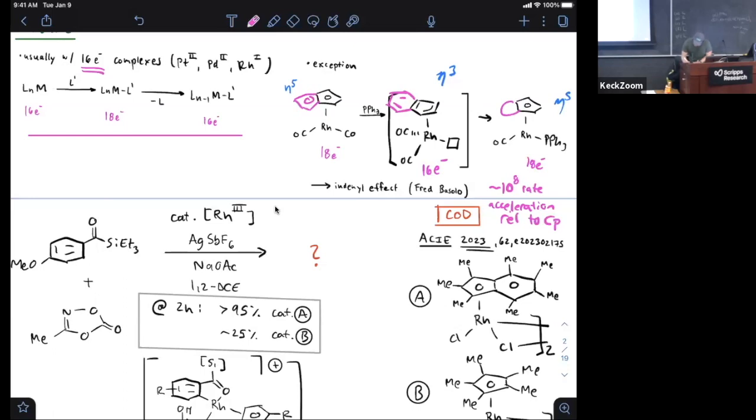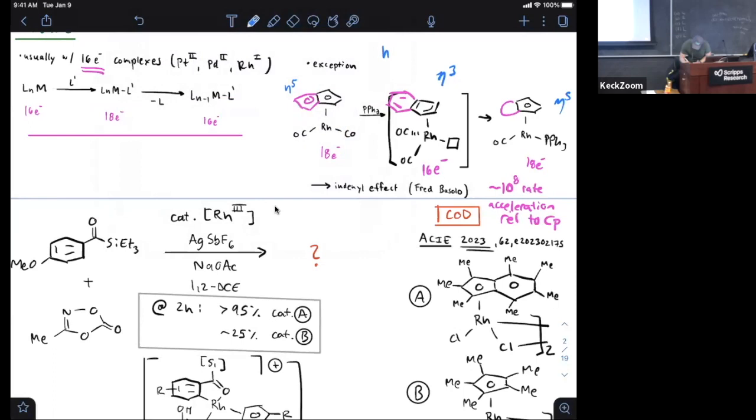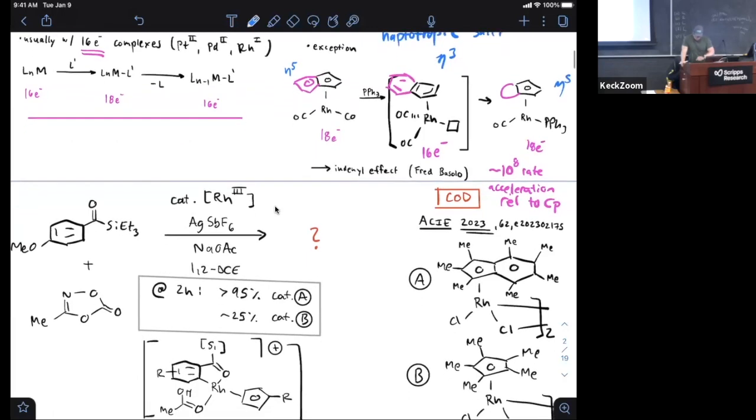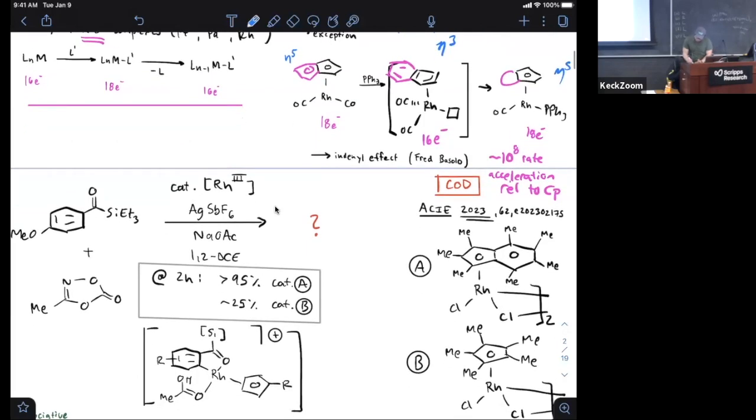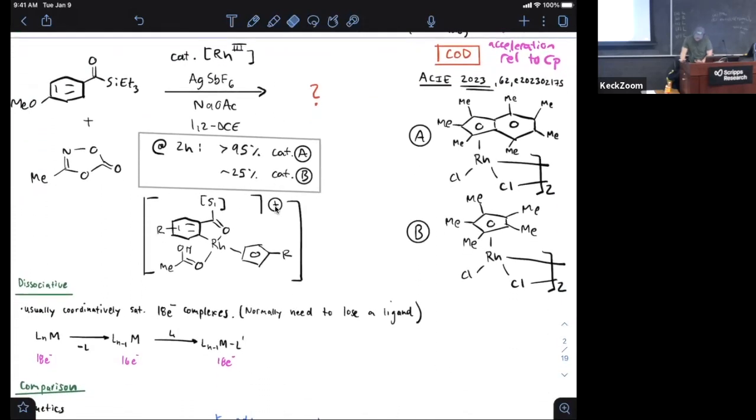And this type of process is called a haptotropic shift. We talk about hapticity, eta5, eta3. So this is called a haptotropic shift. And we'll just close out here by showing an example of the indenyl effect from the modern literature.